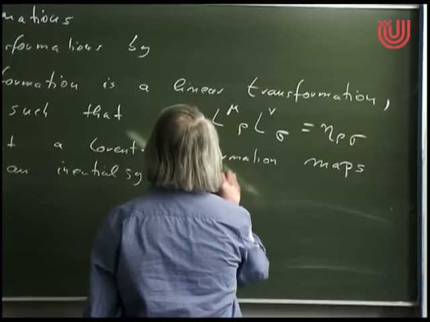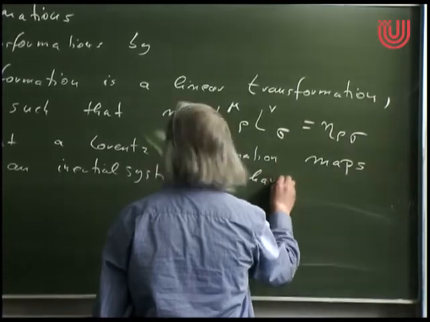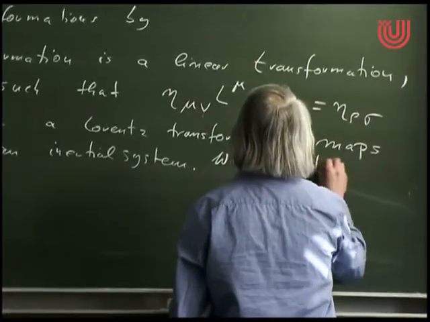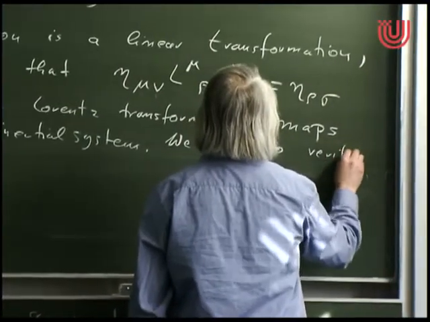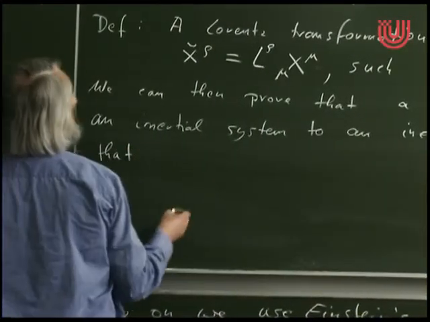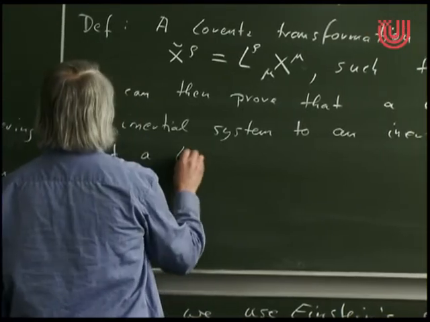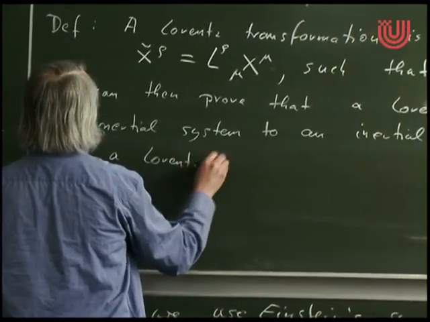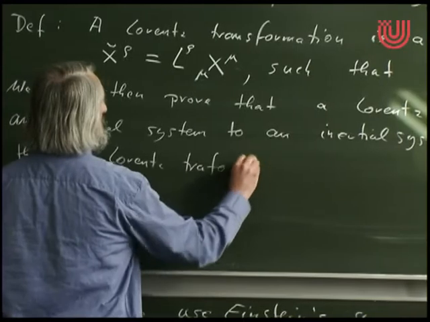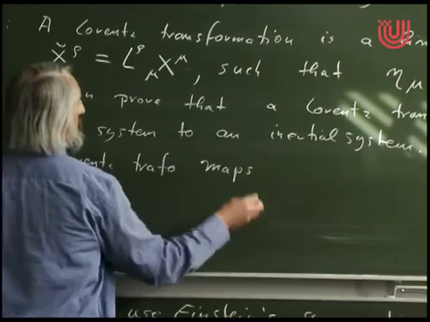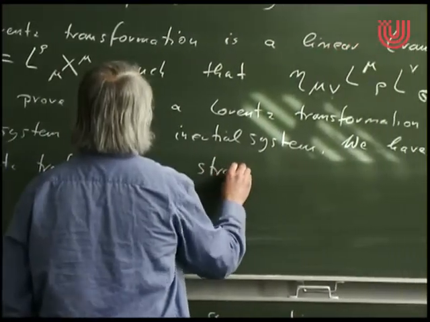We have to prove, we have to verify, let me write it in this way, that a Lorentz transformation maps straight lines onto straight lines.